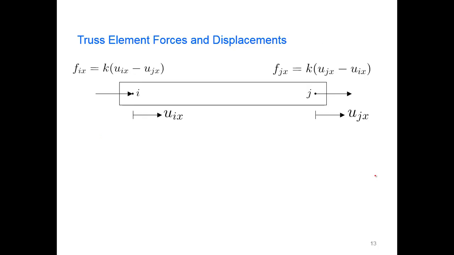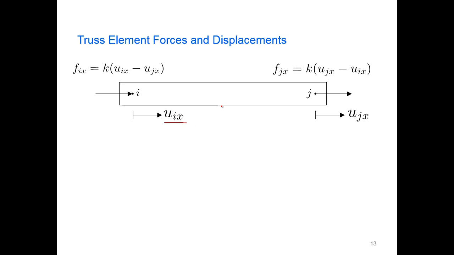So if we look at our truss element, look at both the forces and displacements. The forces we can get from the change in displacement multiplied by the stiffness of our element. Because we're looking at trusses, there are only two force members along the axis, so we're only interested in the displacements in the local x direction.